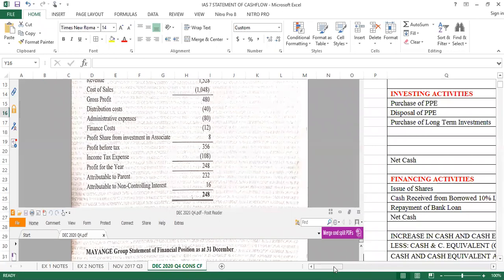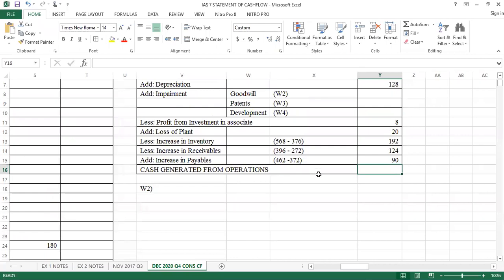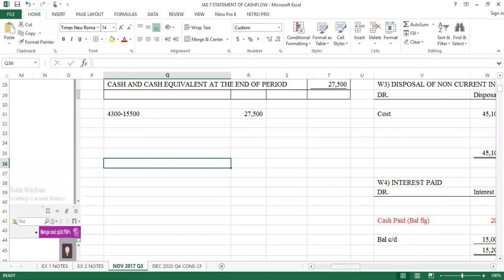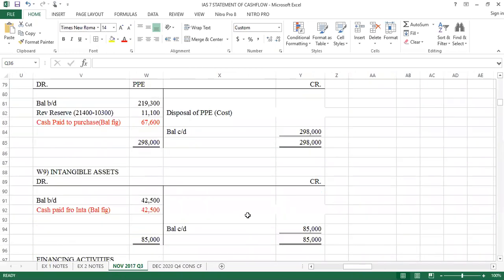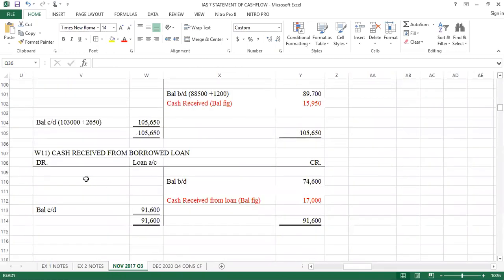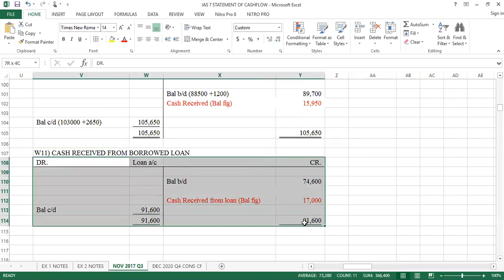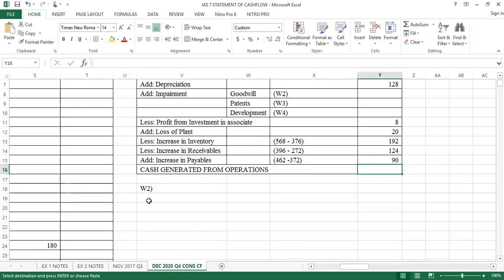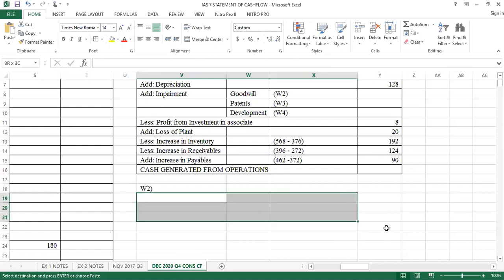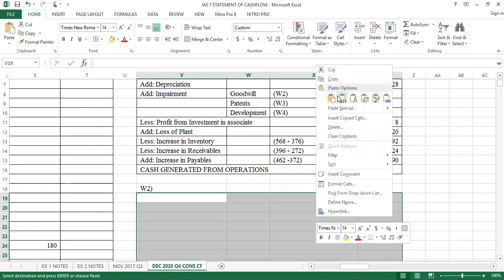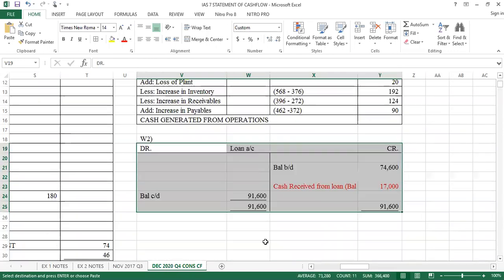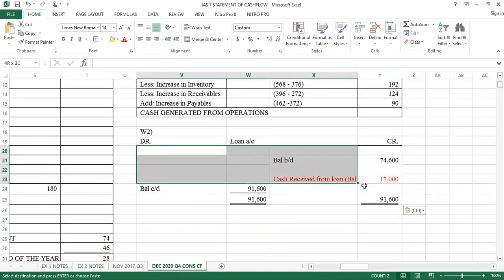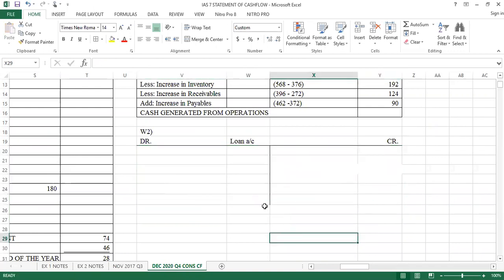Let's continue, please. So let's go to workings. And in our workings, let me go to what we did yesterday so that I save time. I'm just picking a T account so that we save time. So we have that so that we save a lot.